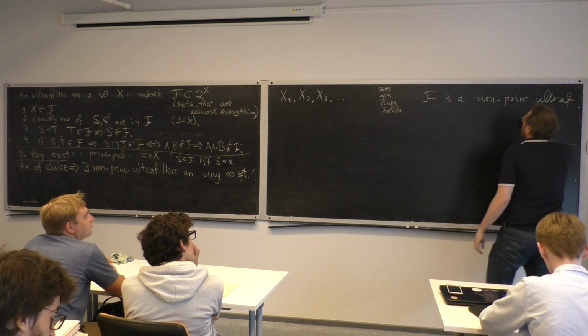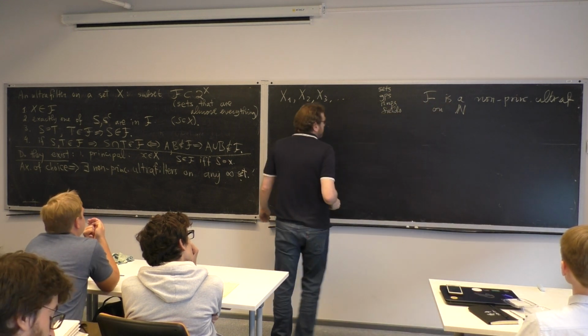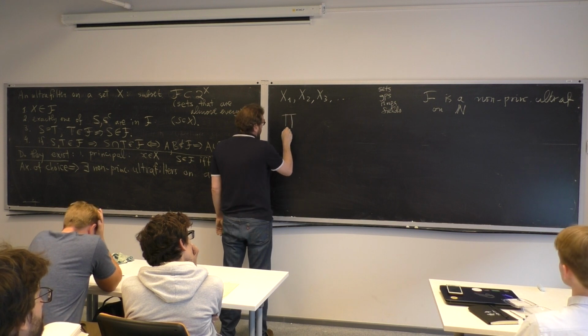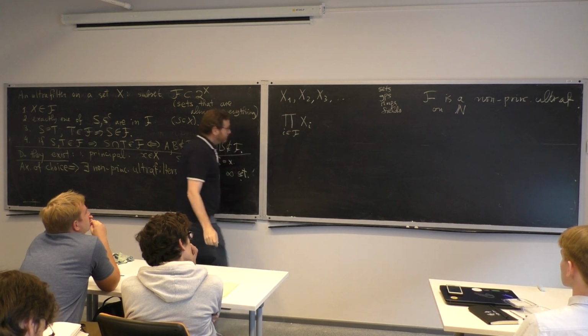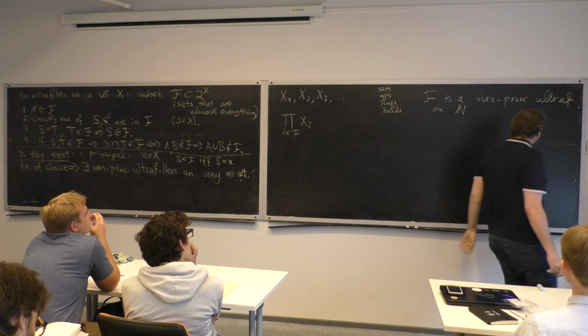Ultrafilter on natural numbers. Then you can define the ultraproduct over i in F of xi. And that's an object of the same category. So what is this?